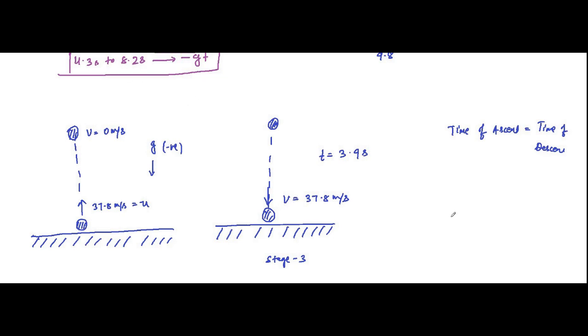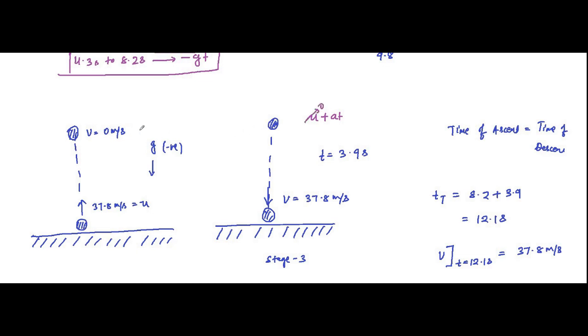So here again, the total time for stage 3 is 8.2 plus 3.9, which is equal to 12.1 seconds. So the velocity at t equals 12.1 seconds is 37.8 meters per second. And in this condition, when it is moving downwards, the equation is u plus at.